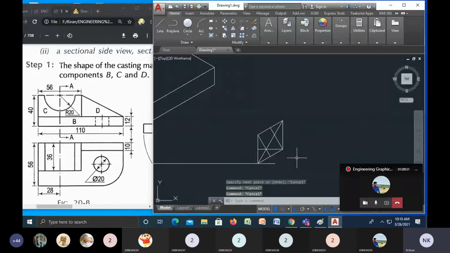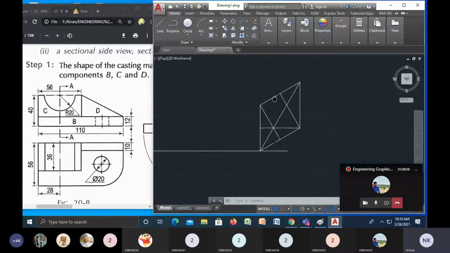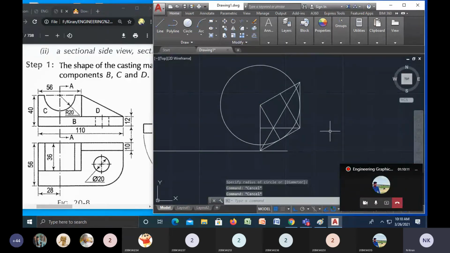Okay, now C enter. Actually, I need a curve downside. Is it right? So I will draw that curve only. Why do I have to draw all the curve? I will draw only this. Okay, C enter. From this point, okay, right.